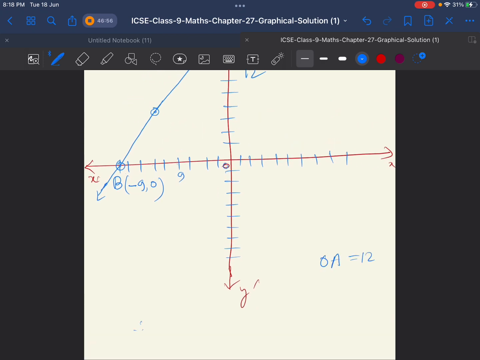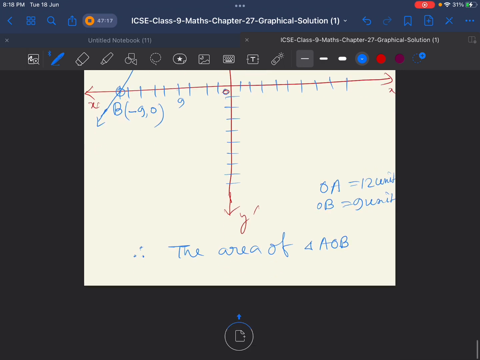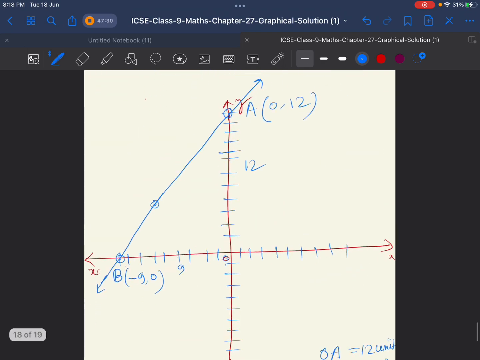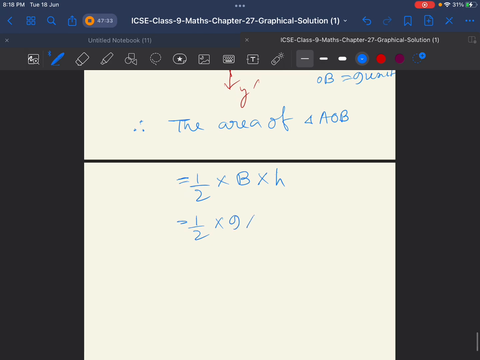Okay, now we calculate the area of the triangle. Here OA equals 12 units and OB equals 9 units. So the area of the triangle AOB equals, we know the area of the triangle is half into base into height.